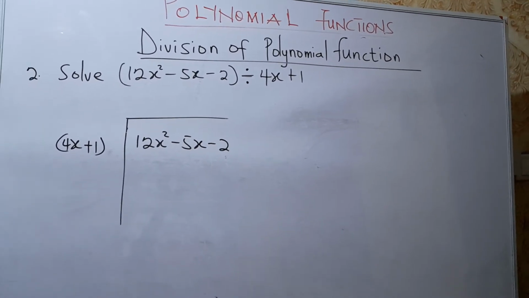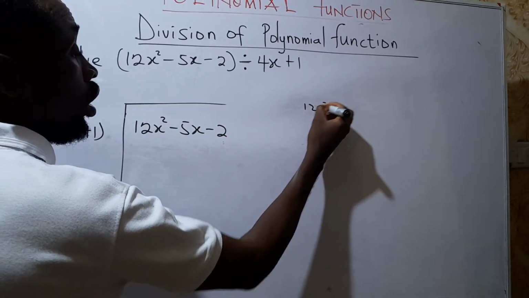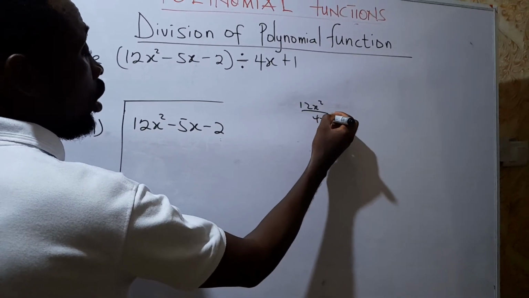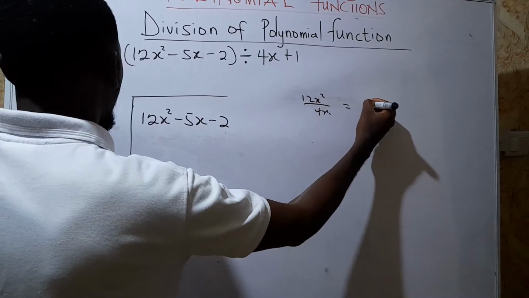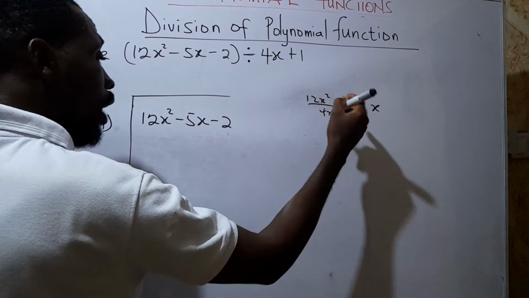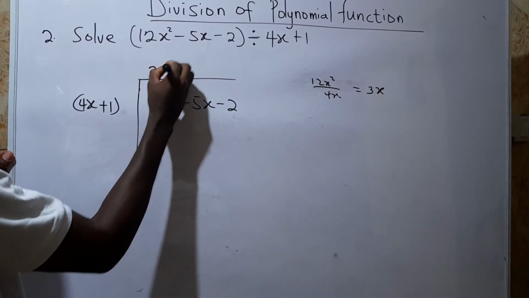This should divide the first term here. So 12x squared divided by 4x will reduce the power by 1, so we have x. Then 4 will also divide 12, 3. So it will be 3x. We'll put the 3x here.